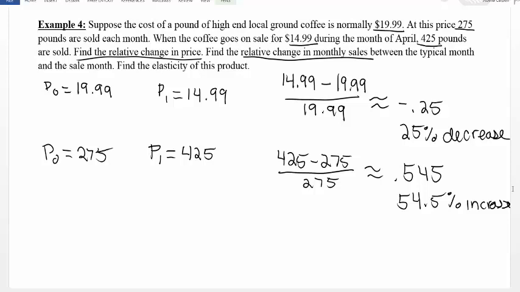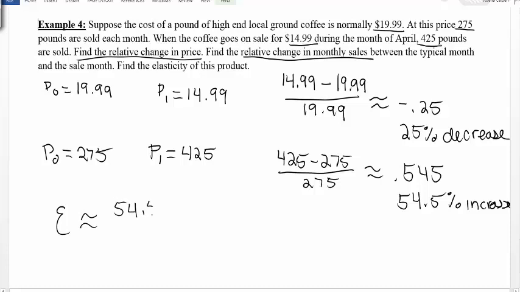But to know for sure how much it impacts people, we're going to go ahead and calculate the elasticity. So again, the elasticity, I'm going to write this as E, is approximately 54.5, the relative change in quantity, divided by negative 25. And again, the negative doesn't really matter because we're going to take the absolute value of our answer, but it is there since it was a decrease. We get negative 2.18.